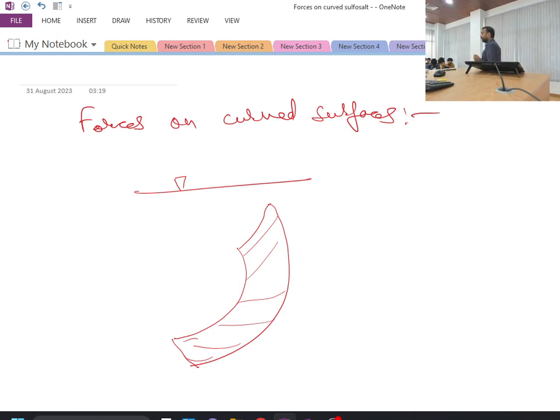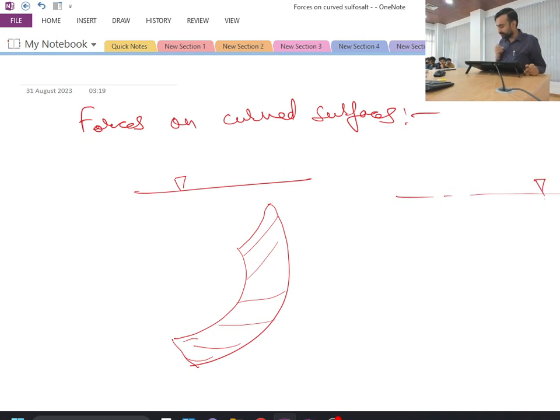This is the reason that whenever we consider a curved surface, we go for a slightly different approach. By using that approach, we can utilize the knowledge which we have just developed for planar surfaces in order to estimate the forces on curved surfaces. Let me explain how we go with this approach.